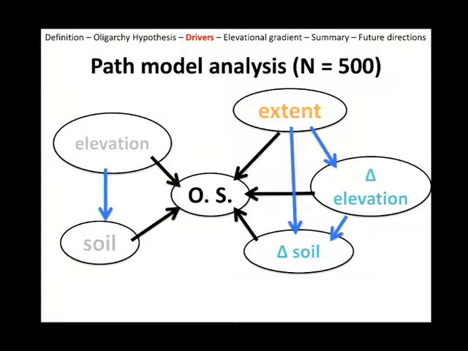Once we had everything measured at each of these subsets of plots or subregions of study, we fitted a path model analysis. With this model, each of the relationships receives an estimate of effect size, which is similar to the coefficient in a partial regression.